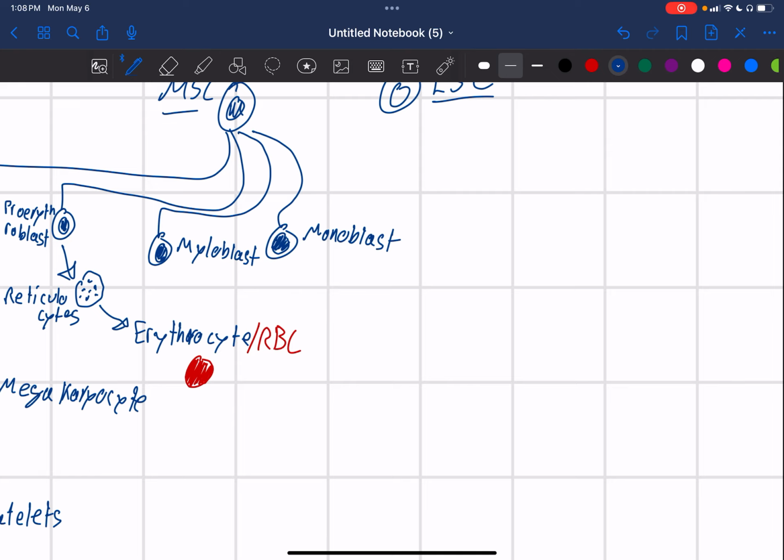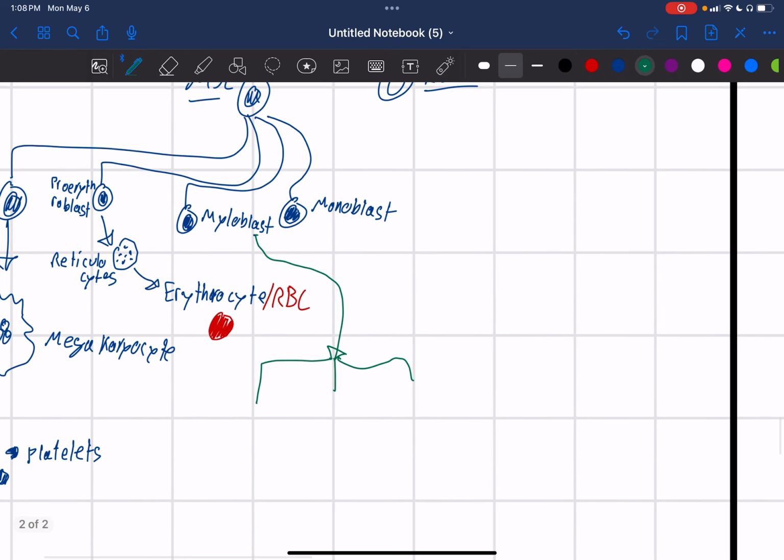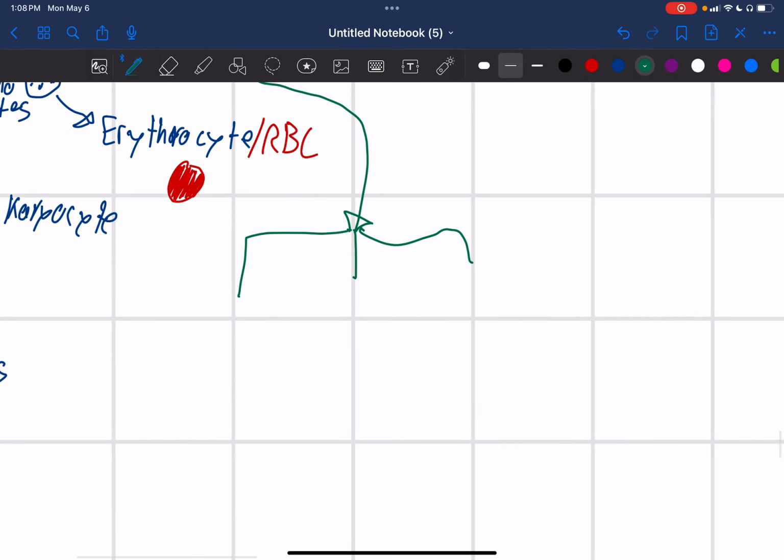I'm actually running out of space here, but I'm going to try to make it work as best I can. Let me try changing to a different color so you guys can see it a little bit better. Go down here, and then it will go into three other subcategories as well. So the myeloblast will then turn into three different types of more frequently used cells within our body. It's going to turn into our basophils, right? It has a bunch of little dots, and then it has this one big figure.